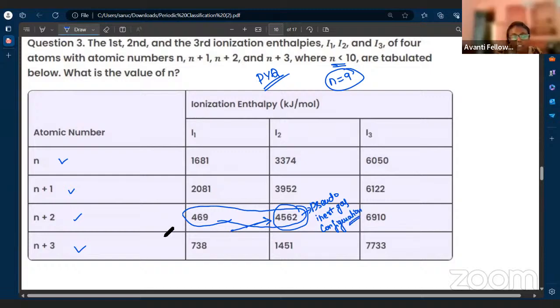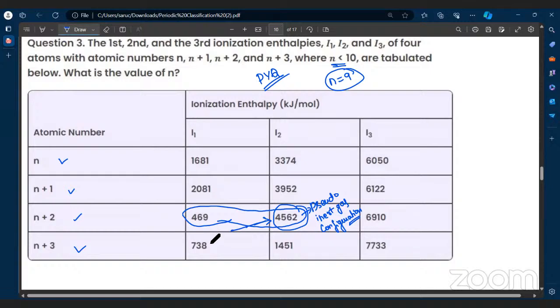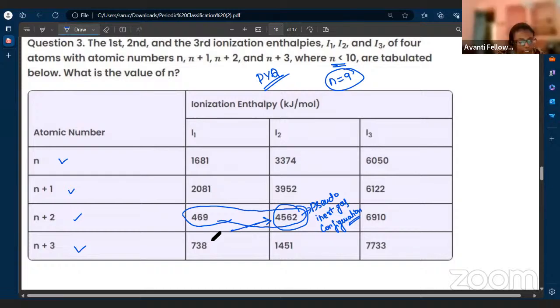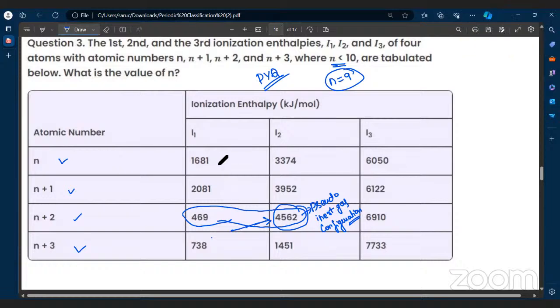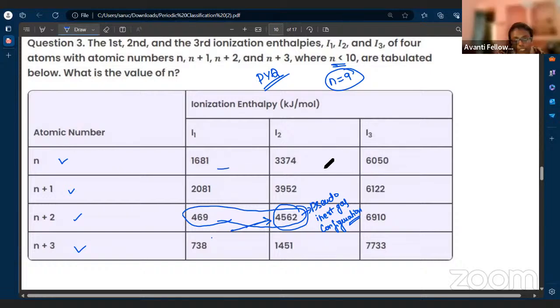And this one also, if I take this one again, you can see that it increases overall, but here the difference is high.